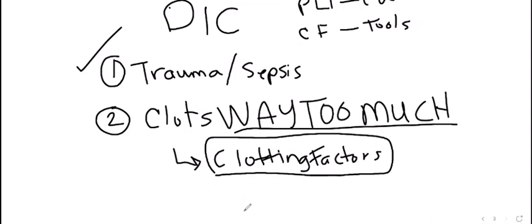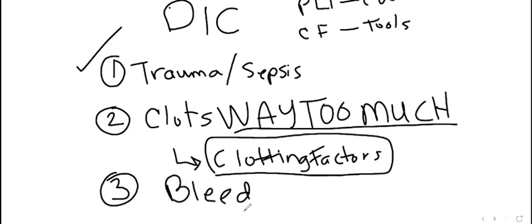So the third thing that happens is you start bleeding again. In a nutshell, this is disseminated, widespread, intravascular, in the blood vessels, coagulation, but it also is associated with bleeding. Does that make sense?